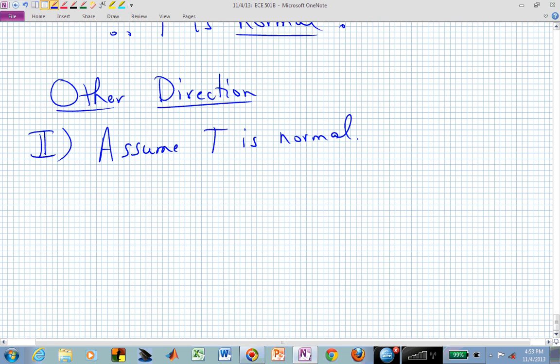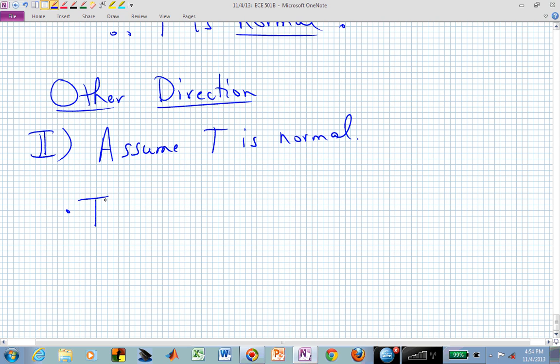Now for any map T, we can say based on chapter 5 material, that for any map T in a complex inner product space, which is what we are living on in this part, this is the complex spectral theory, we can get an upper triangular matrix representation of that map T. So far we haven't used the fact that T is normal, but we're assuming T is normal.